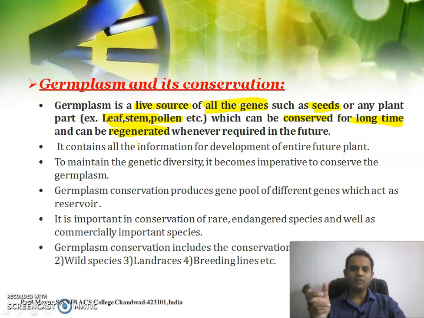When we think of the plants, seeds contain an embryo, which is the future plant. So that seed contains an entire future plant. So seeds can be regarded as a germplasm.